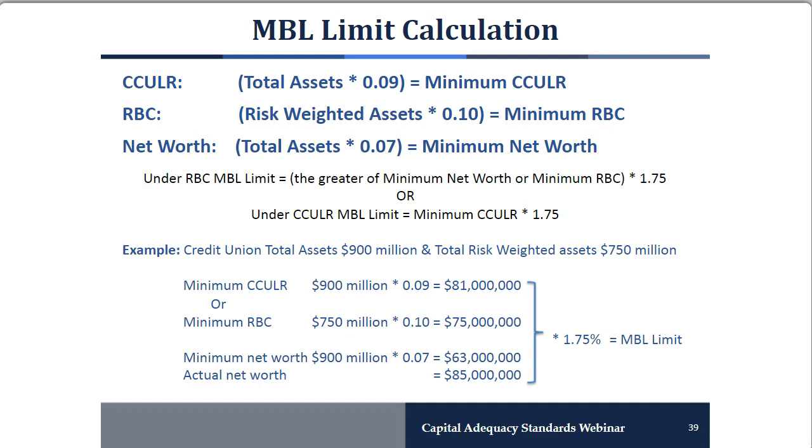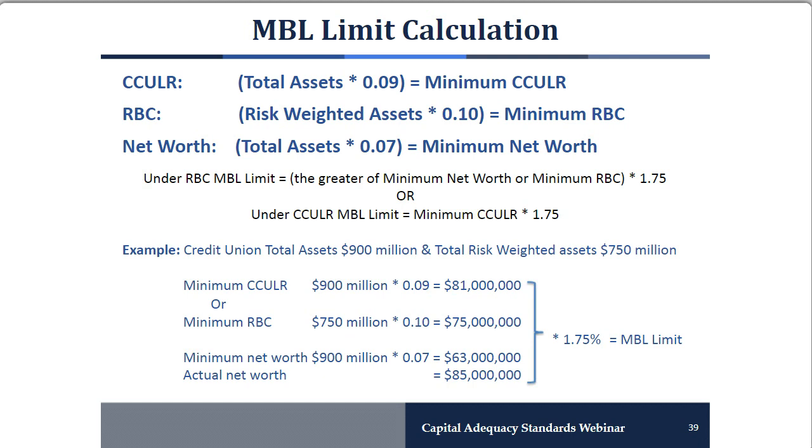We have an example of a credit union with total assets of $900 million and risk-weighted assets of $750 million. First, we need to determine if the credit union is governed by RBC or opted into the CULR to determine the minimum net worth in dollars to be well capitalized.